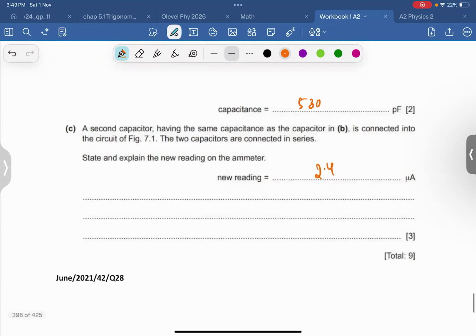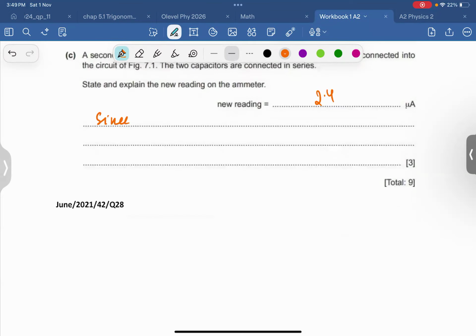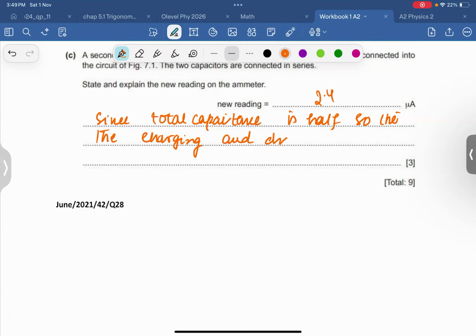We can say that since the total capacitance is half, the charging and discharging will also be half.